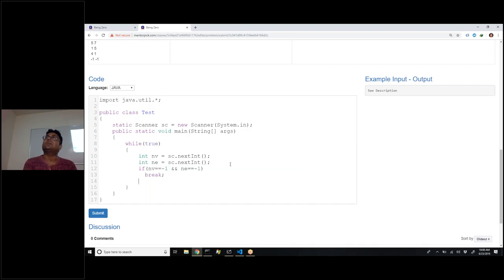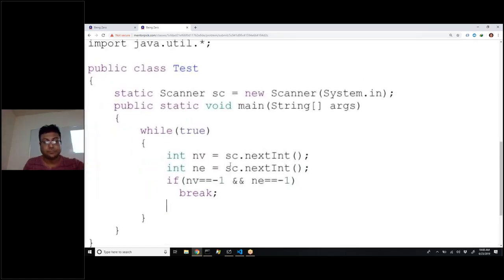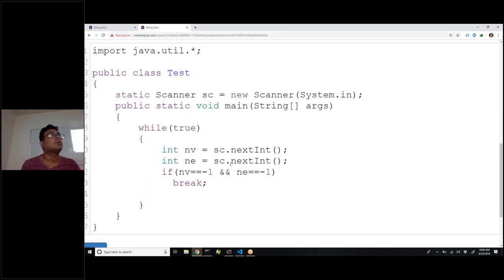Now with the help of this, how can we declare a graph? Yeah, what will the declaration of graph look like? Yeah, Mustafa. We know number of vertices, we know number of edges. So how do we declare graph here?